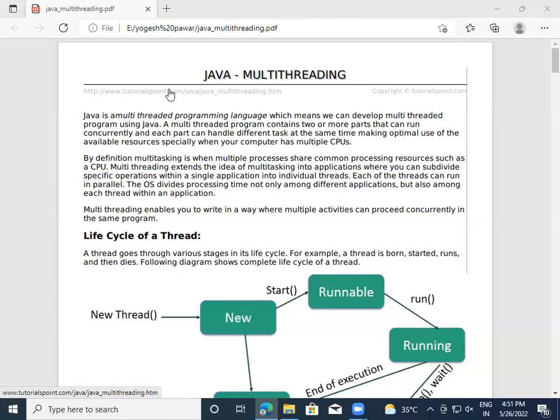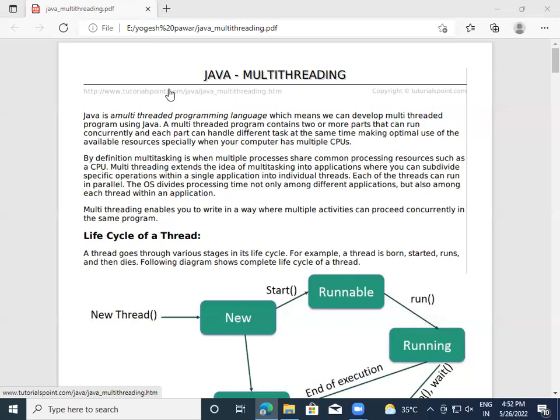Now we will see how Java supports the threading concept or the multi-threading concept. As the name indicates, multi-threading means that it has multiple threads. The multiple threads are jumping across multiple programs. So that is nothing but Java multi-threading.